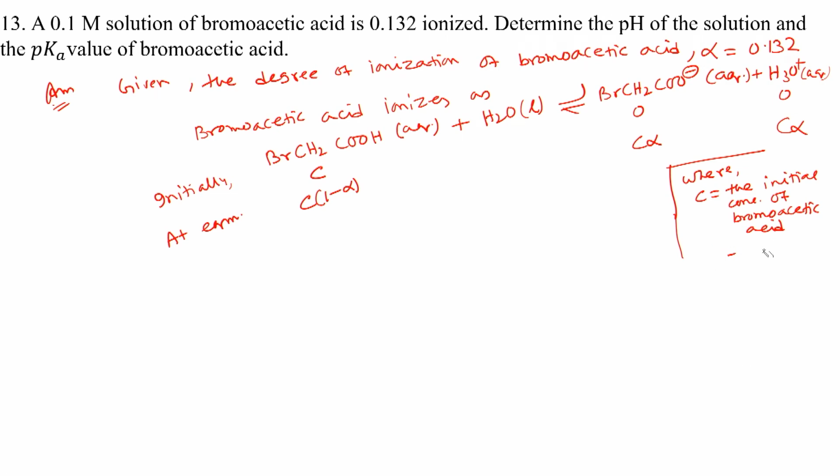So at equilibrium, we write Ka, the acid dissociation constant of bromoacetic acid.